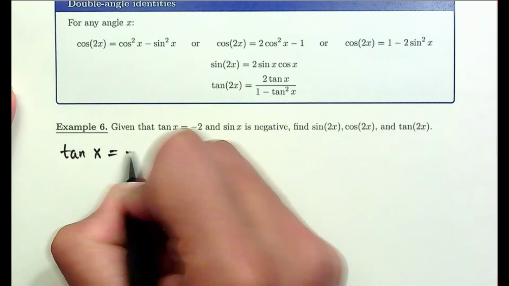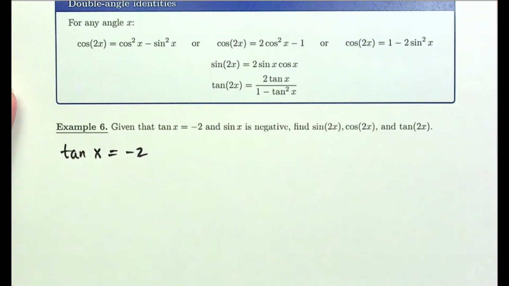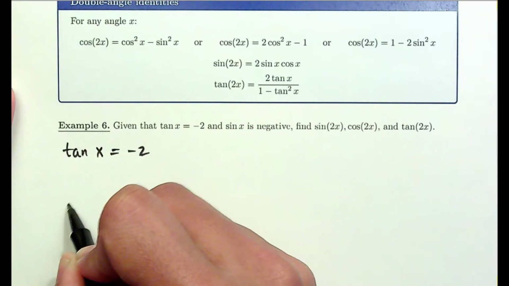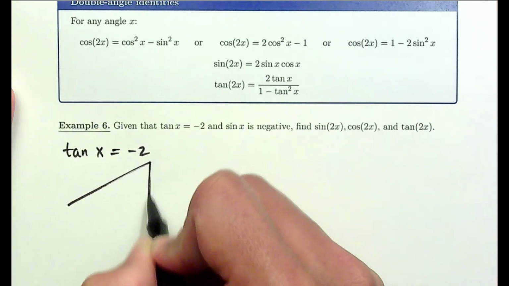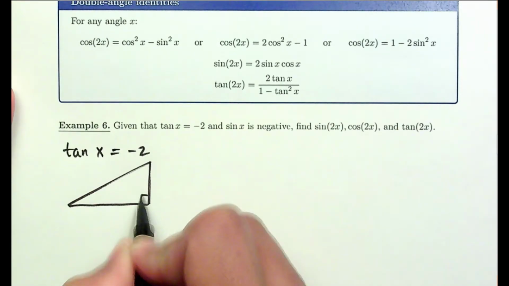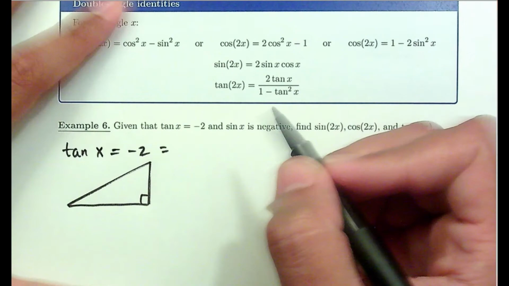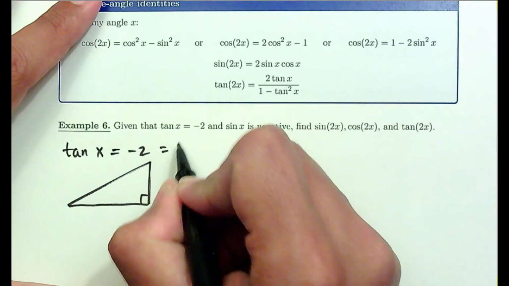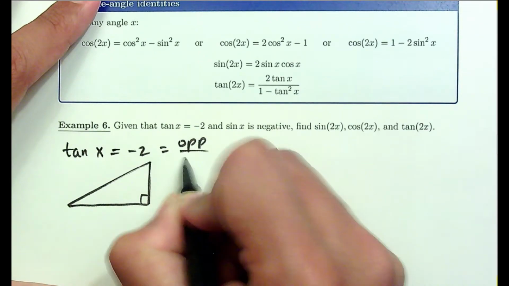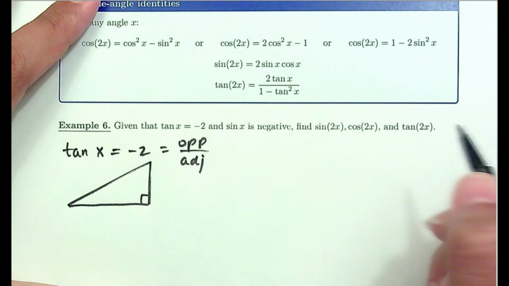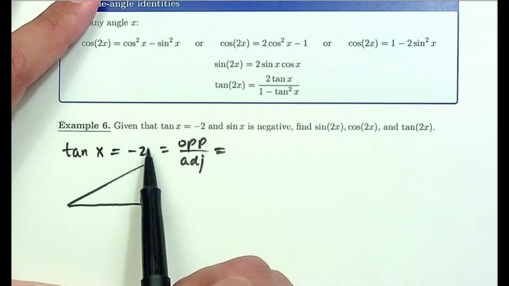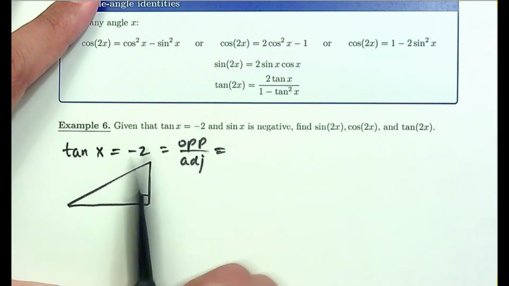Tangent of x equals -2. And we're going to draw a triangle, just like we have done before in the past, to figure this out. Okay, first of all, tangent is, according to SOHCAHTOA, opposite over adjacent. But this is -2, and of course, I would need to reinterpret this as a fraction.